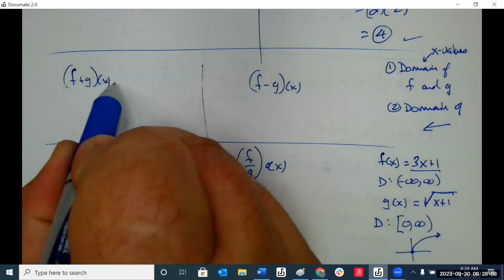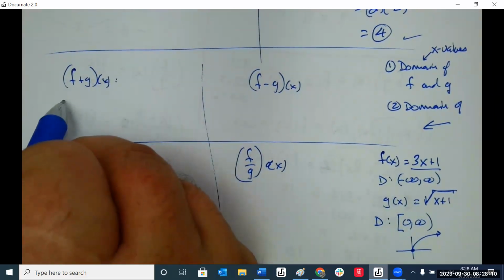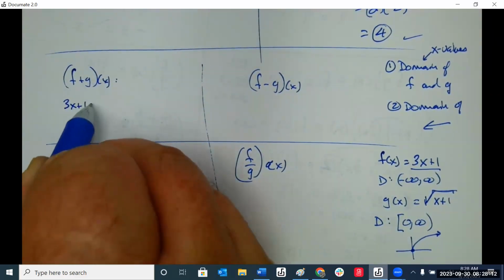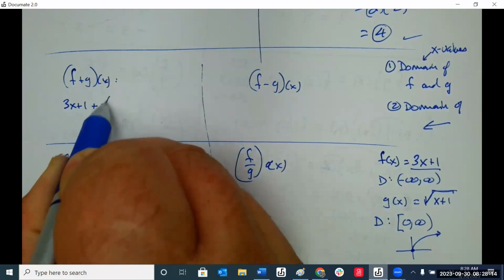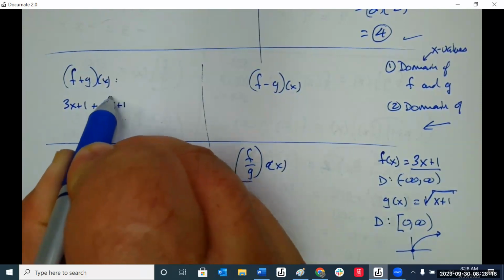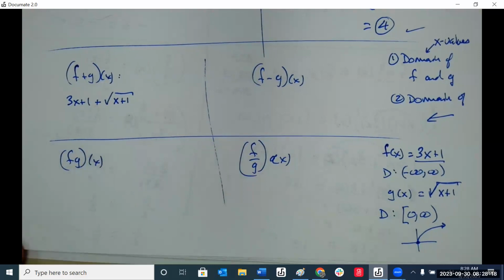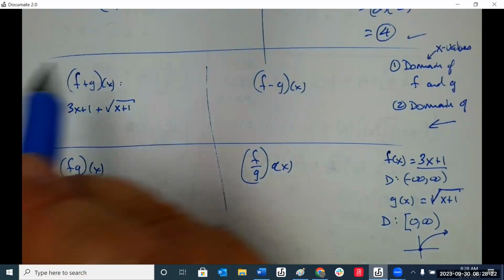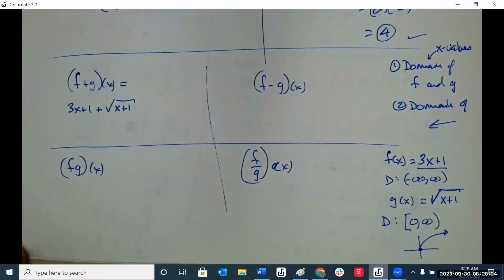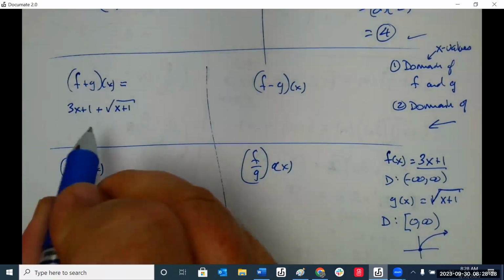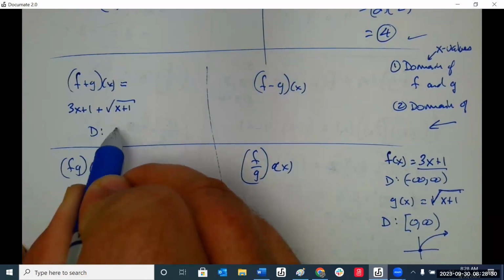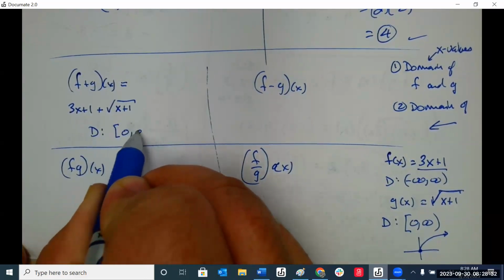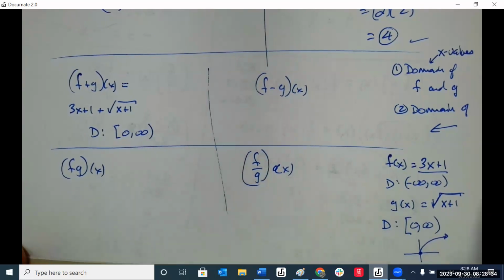So the domain of that one is what? It can't be negative infinity.